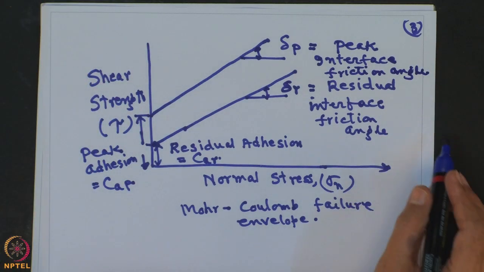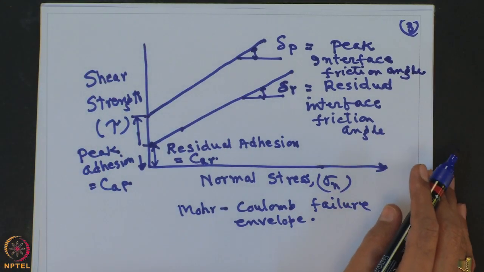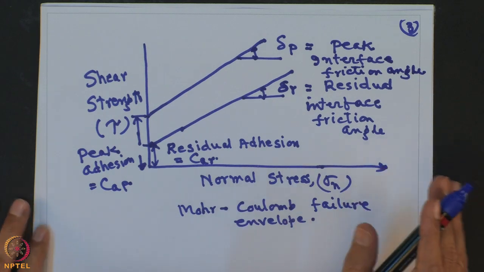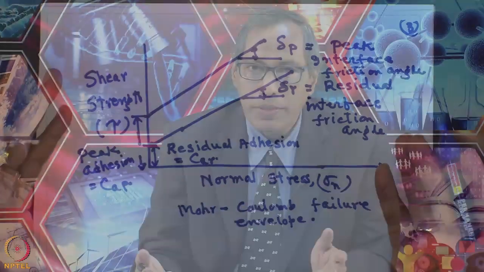So, from this study, you can determine the peak interface friction angle and the corresponding peak adhesion, and similarly the residual interface friction angle as well as the residual adhesion, which is called C_AR.